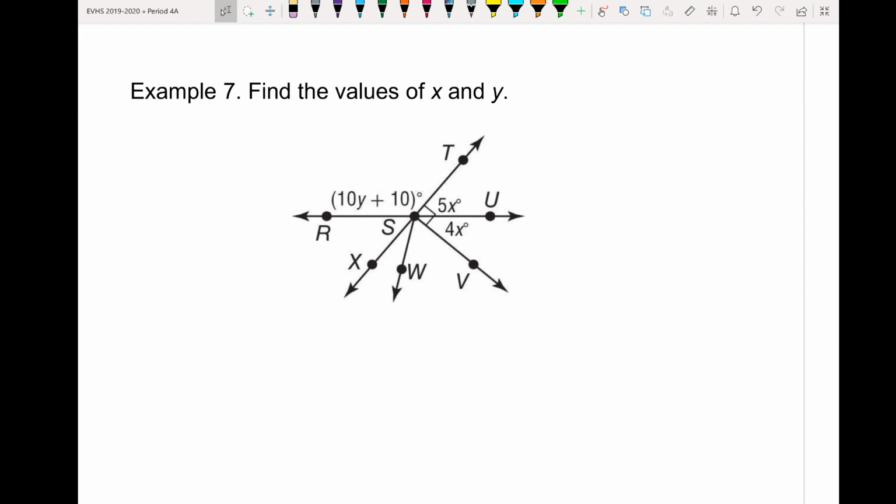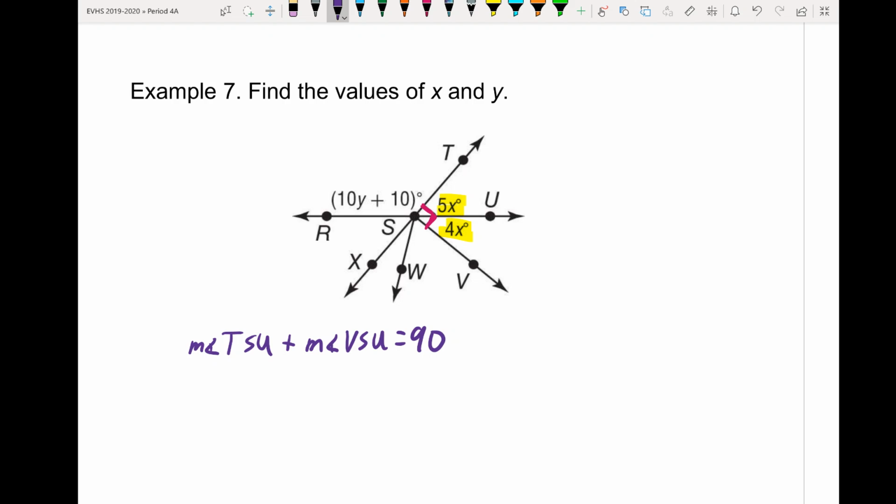All right, 7. Find the values of X and Y. Whenever I'm doing this, I'm looking for patterns that I can deal with. For example, I see that both of my ones that have X's in them look like they form a right angle, so they are complementary. So my equation there is measure of angle TSU plus the measure of angle VSU is equal to 90. Remember how I said last time that we can have more complex variable names in geometry?